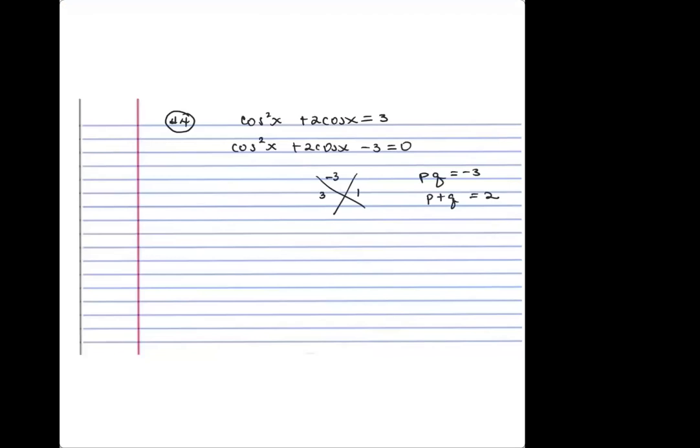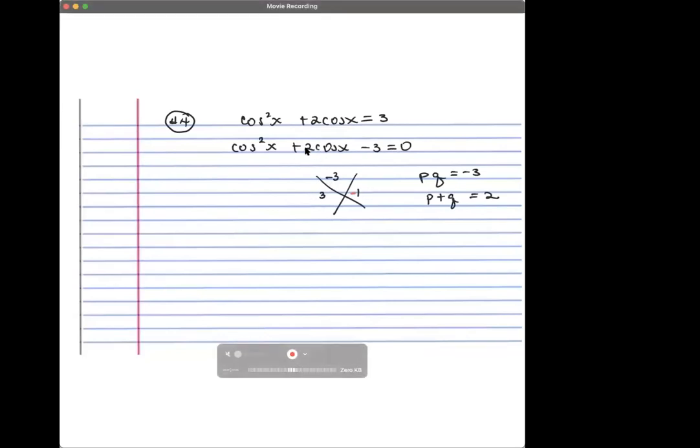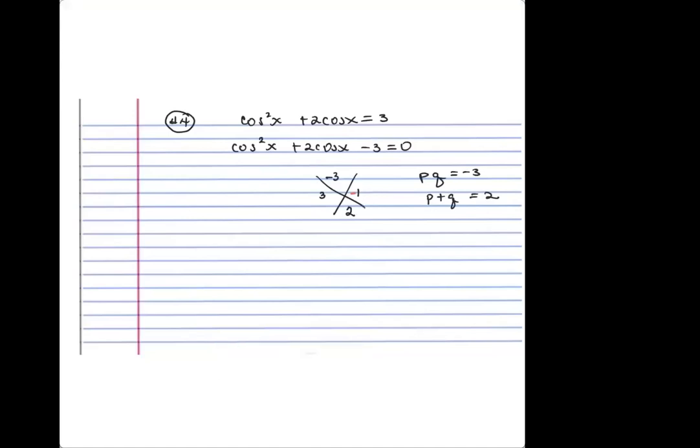So it looks like I need the negative to go on the 1, because 3 minus 1 will give me 2. And I have to have one of them negative because 3 and -1 will give me -3. So therefore, p would equal 3 and q would equal -1.